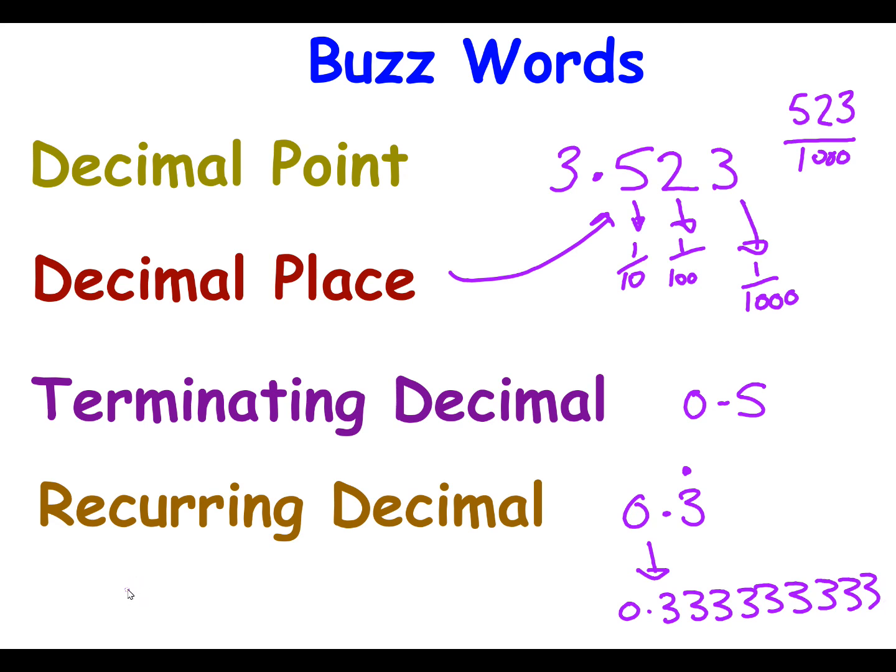Don't forget there can be two recurring dots. So if we have 0.125 with a dot over the 1 and a dot over the 5, it means it recurs between the 1 and the 5. So it's 0.125, 125, 125, and so on.